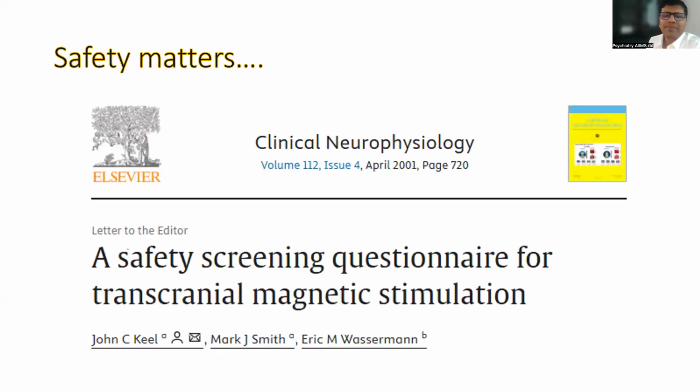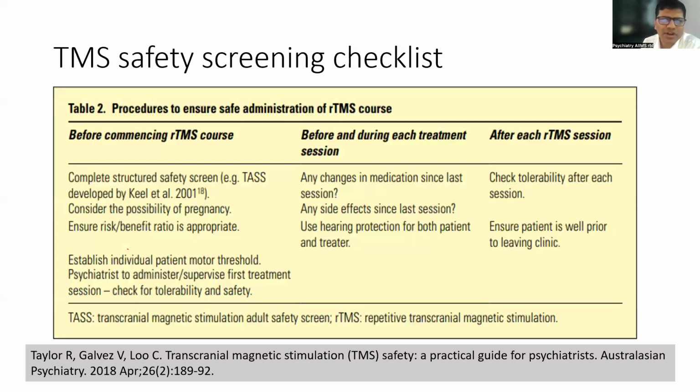Now coming to safety of rTMS, it has already been discussed by Dr. Anurag and Dr. Shruti that there are safety screening questionnaires when you are using rTMS. That screening questionnaire needs to be applied in every patient, to check whether there is any contraindication for rTMS or not. The safety checklist is available in multiple published articles. One of the initial articles was by Rossi et al, and Andre Brunoni, who published a checklist.